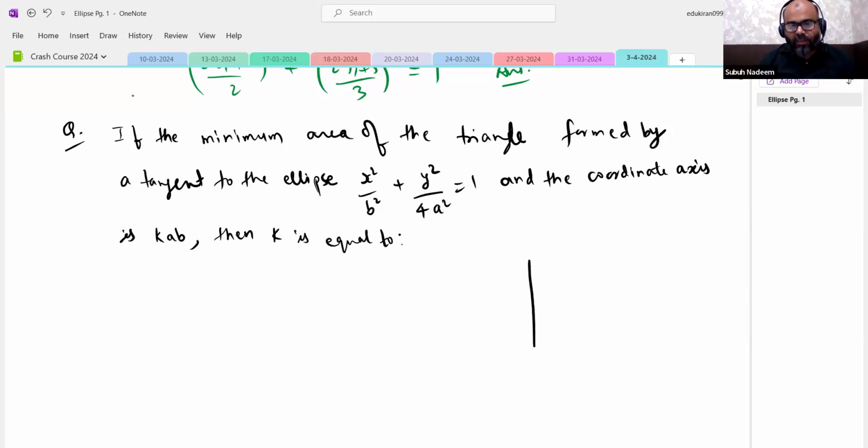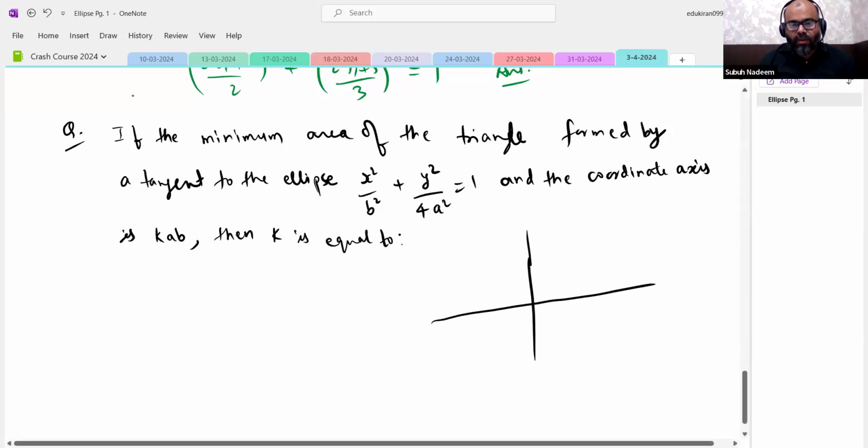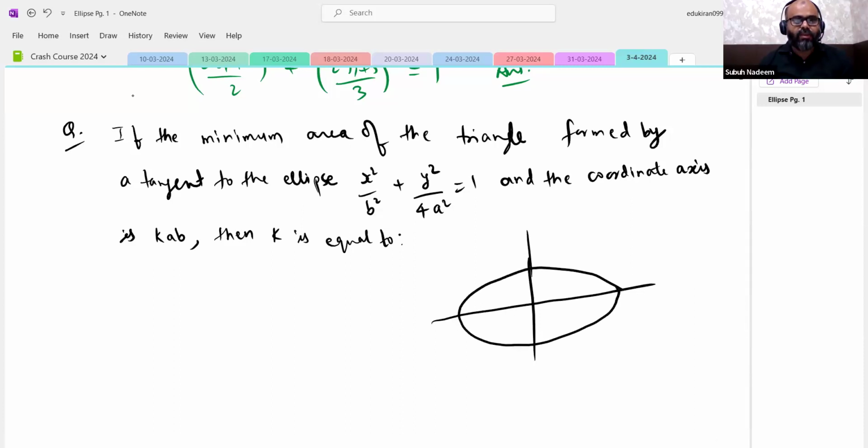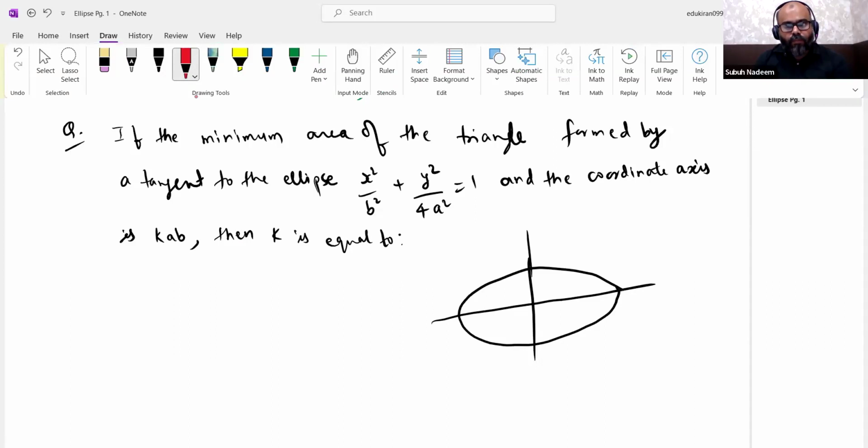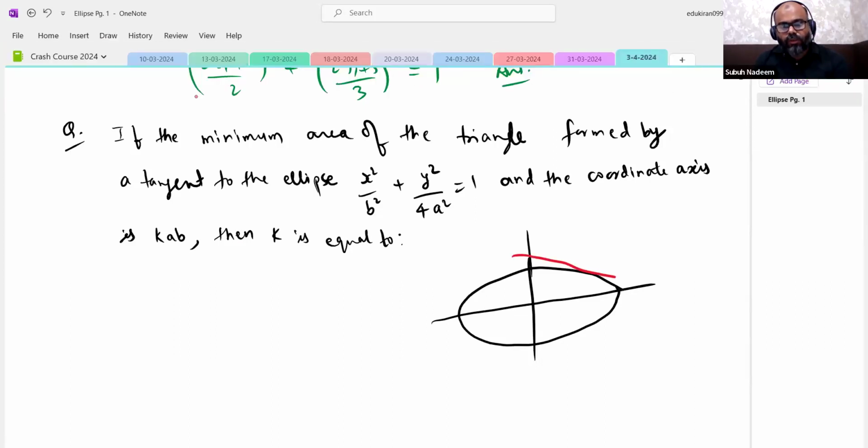So the question is something like this, that we have an ellipse given like this. And there is a tangent which is drawn at any point. Suppose it is drawn here. This is the tangent like this. This is intersecting x at A, y at B. So this is the triangle which is being formed, this triangle OAB.